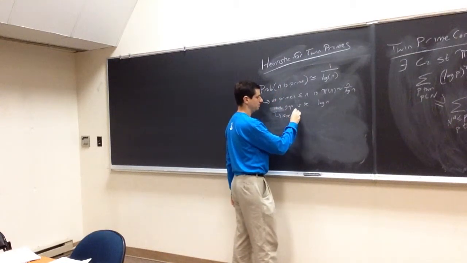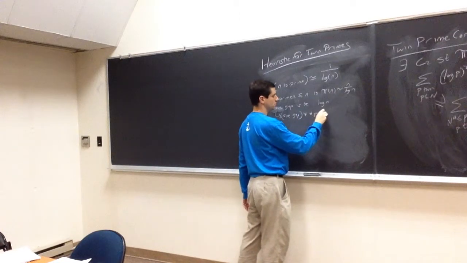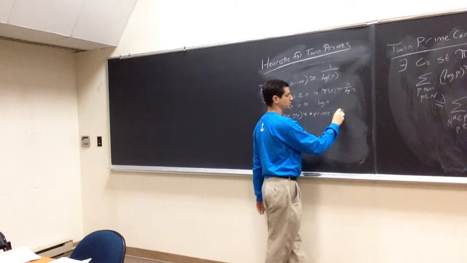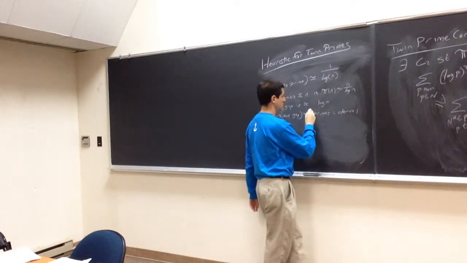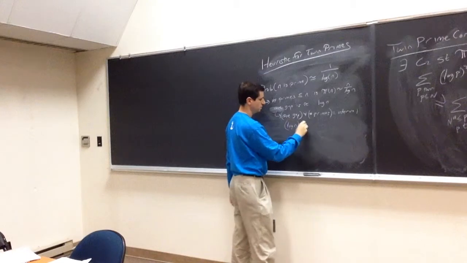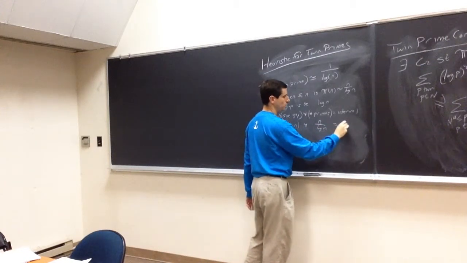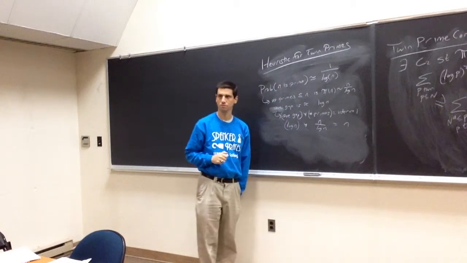Average gap times number of primes equals interval. And so here we would have log n times n over log n would be the size of the interval.